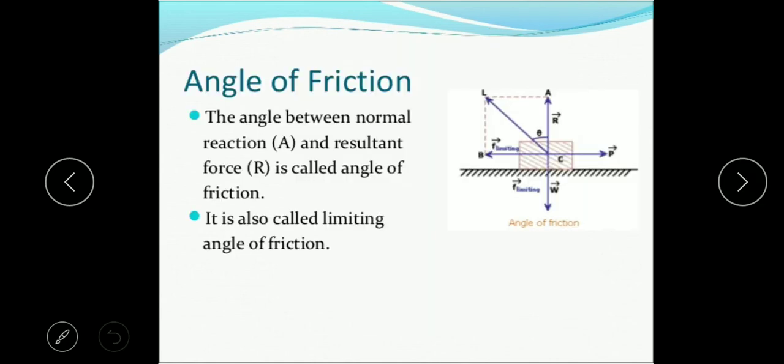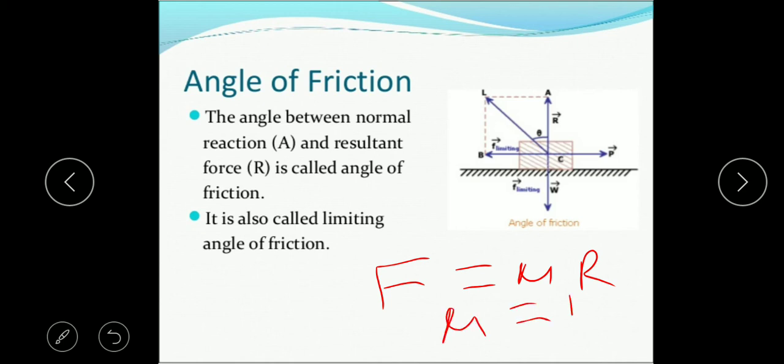Come to next, angle of friction. In a simple format, we all know the formula F is equal to mu into R. So to find the angle of friction, rearrange this equation. mu is equal to F by R, meaning the coefficient of friction is the ratio of frictional force upon normal reaction.